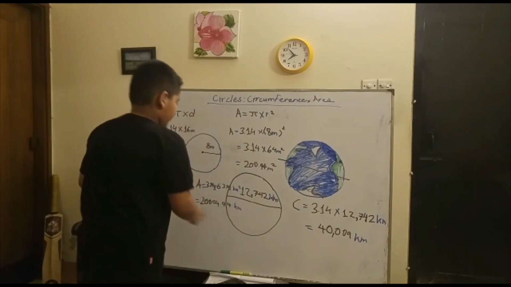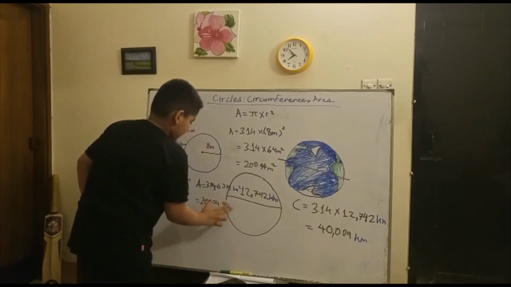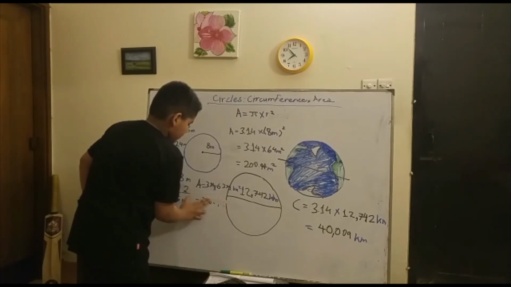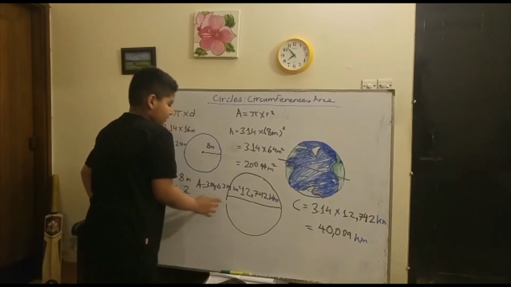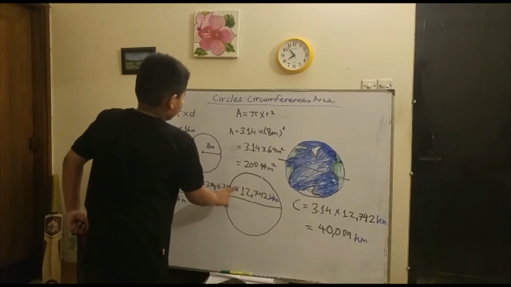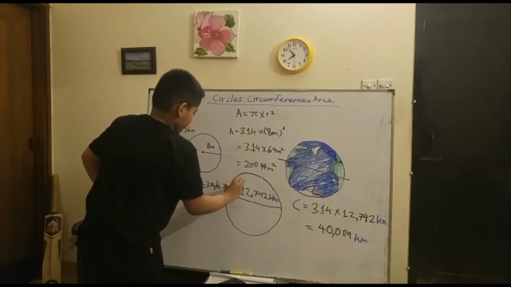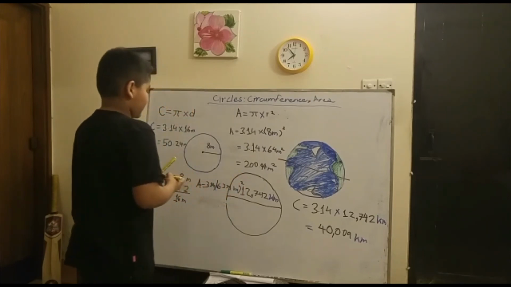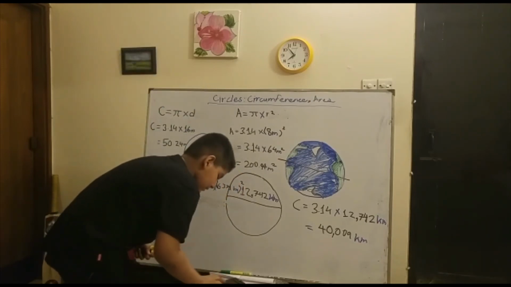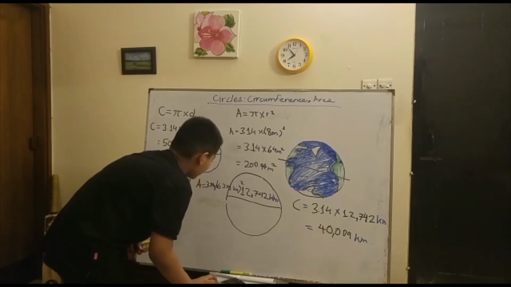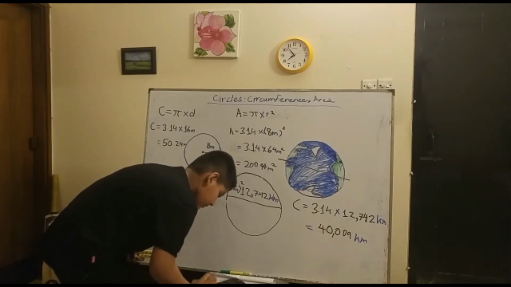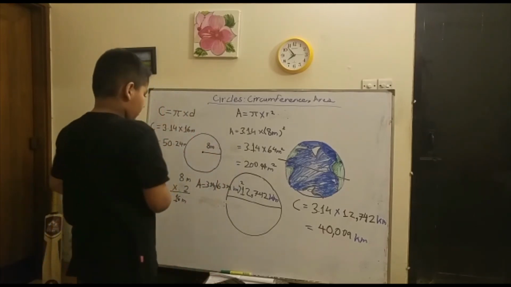Oh, actually no, not going to happen. I joked there to fool you guys that we're going to do this, but actually we have to do this. So first of all, we have to square this number and get a total of a lot.